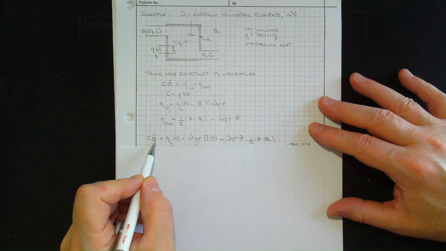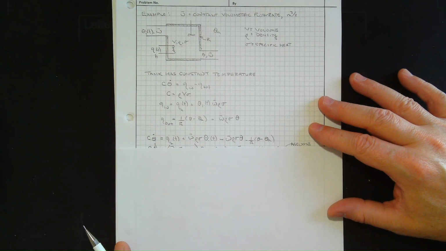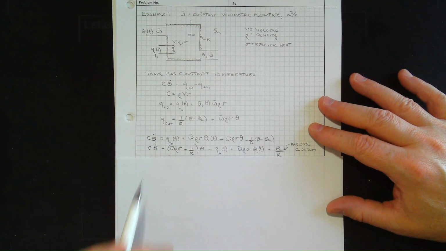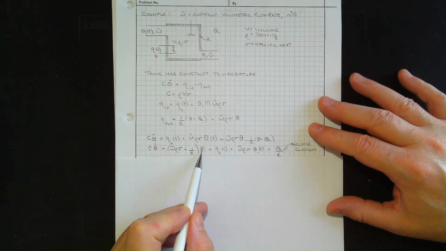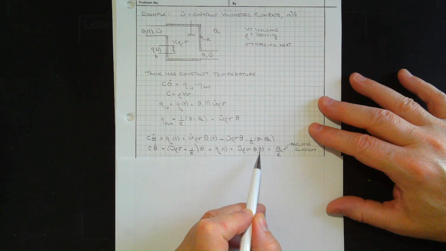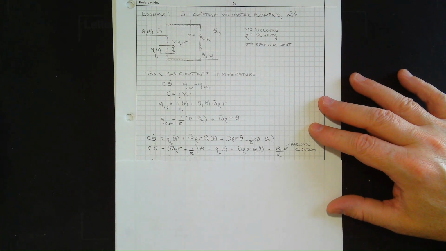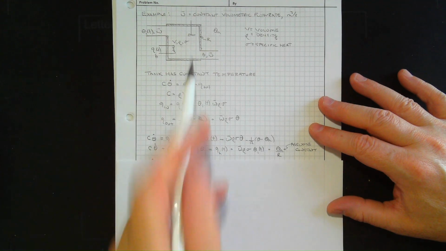We go C theta dot equals heat in minus heat out. That's what we have here. Then I'm gathering terms. Here's all the thetas, not including theta I, but this is the temperature of the tank. The purpose of this is to be able to model the temperature of the tank.